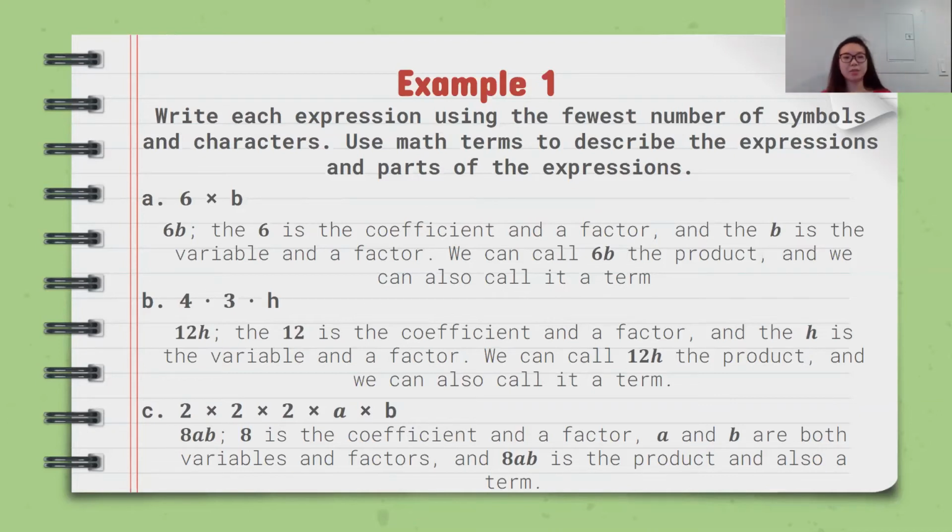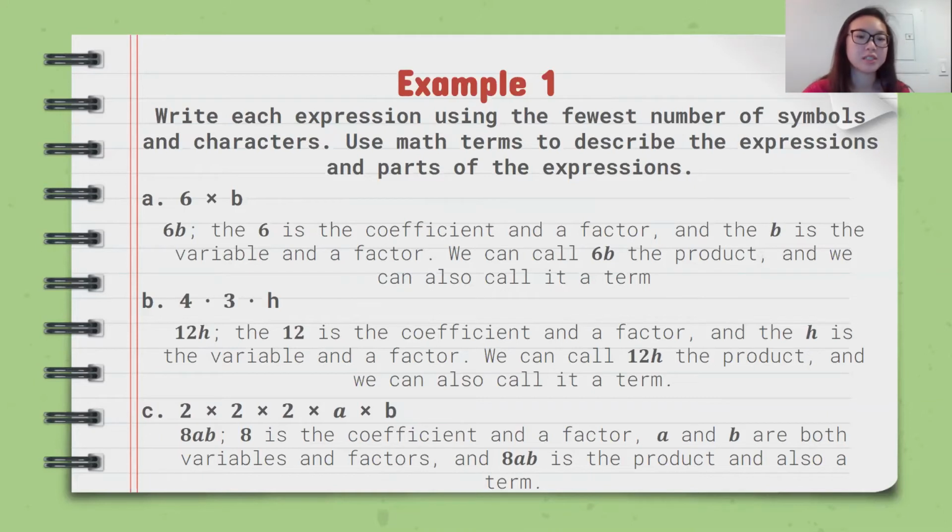Because you can multiply the numbers together, but you can't multiply the variable just yet. So I got 12h, like it is on the screen, and then the 12 is the coefficient and the factor, and the h is the variable and the factor, and then we can call 12h the product, and we can also call it the term.